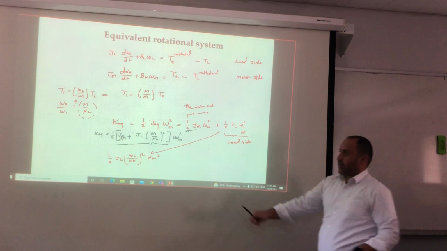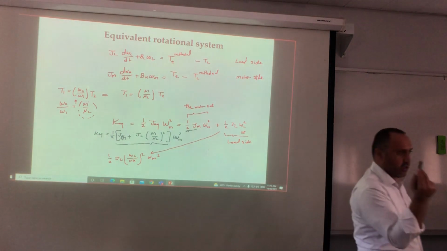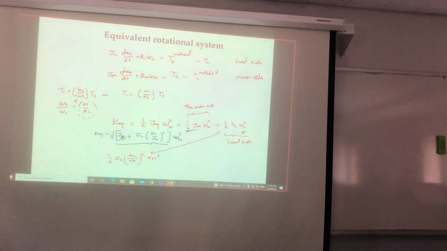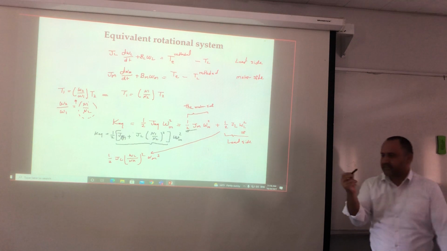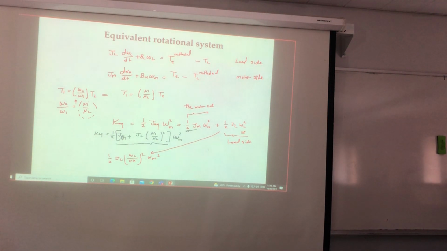In the first stage, I was intending to write it out fully, but simply to save some ink, I abbreviate it. So now we can write the equivalent J: J equivalent equals Jm plus JL times (N1 over N2) squared.